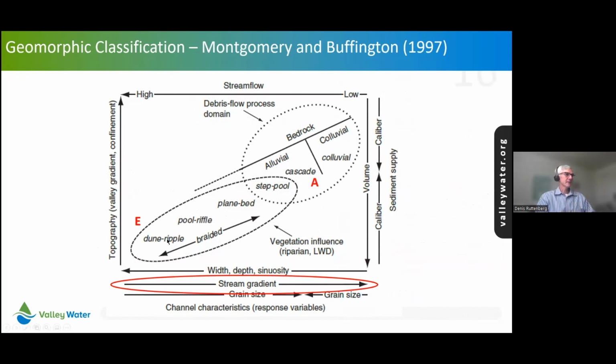If we start at the downstream end at a dune ripple channel and stream gradient increases, you can see how a dune ripple channel in the middle reach, the same channel would become a pool riffle, plane bed, step pool, and cascade. So just looking at stream gradient on this chart, you can see the context of where your channel fits.